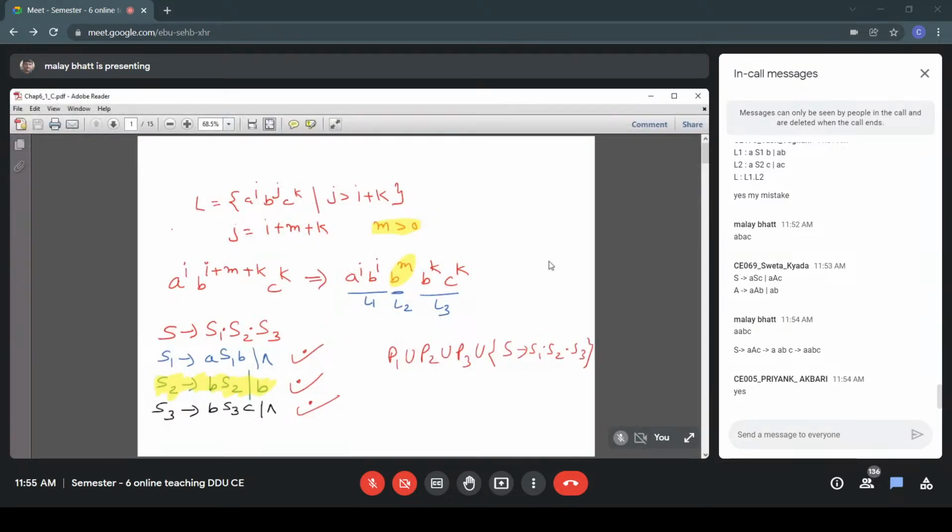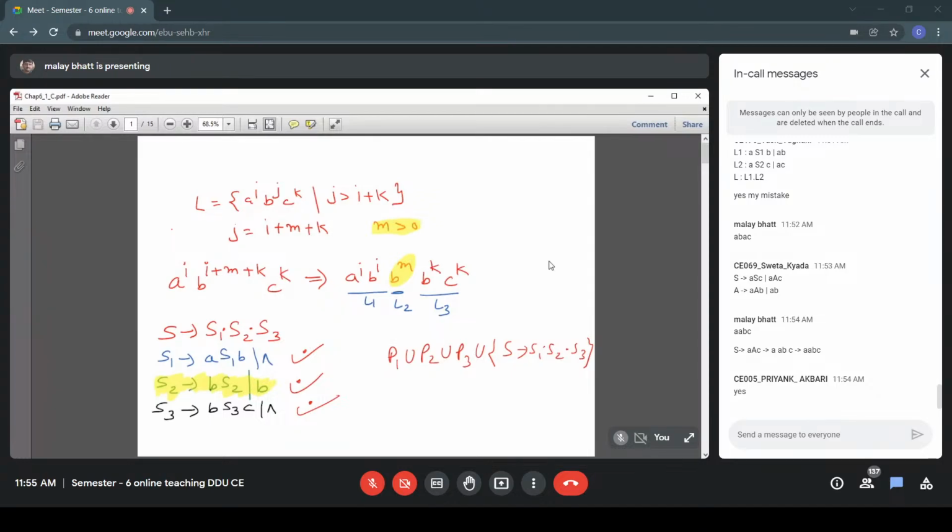But here the condition is J is greater than I plus K. So because J is more than I plus K, we have to write J is equal to I plus M plus K, where M is greater than 0.